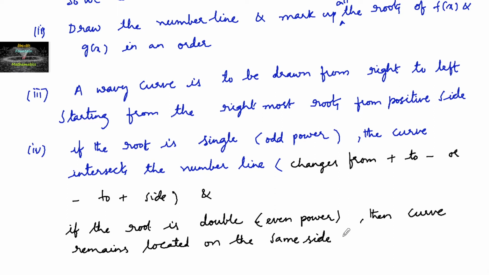It means if it is in the positive, it remains in the positive, or if it was previously in the negative, it will remain on the same negative side of the number line.